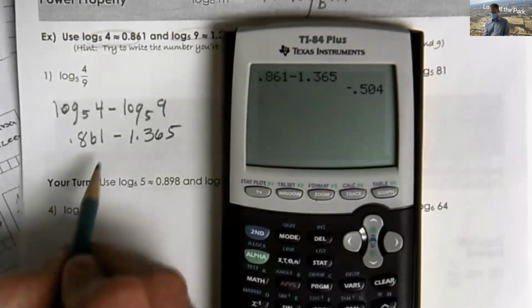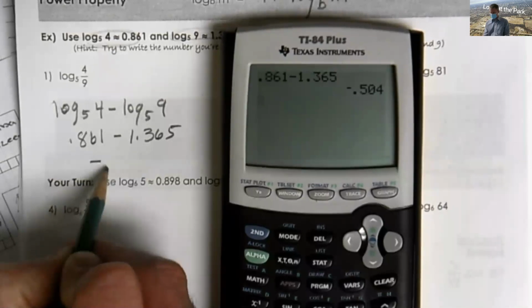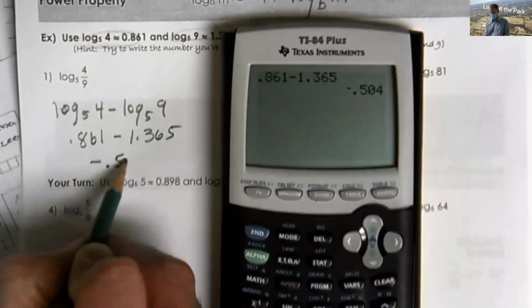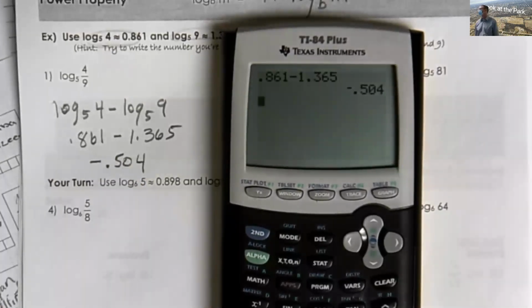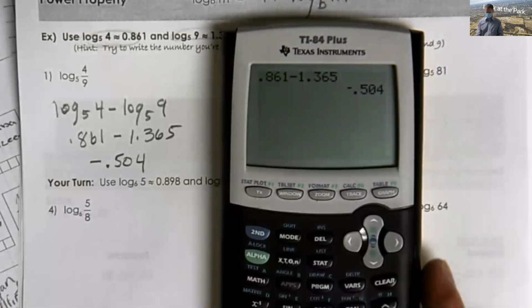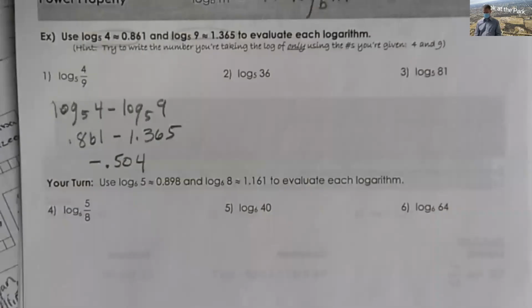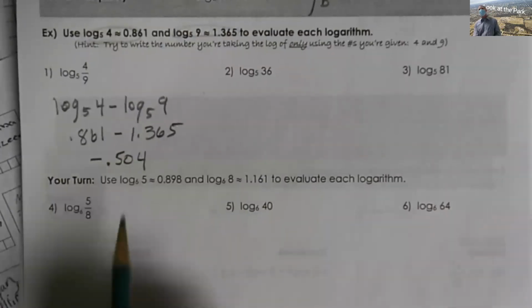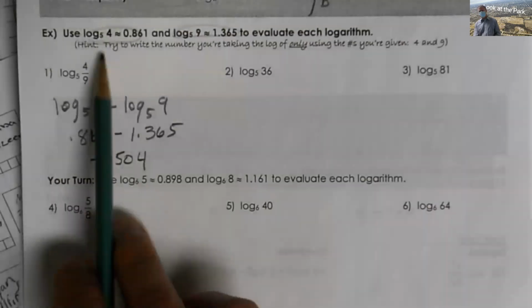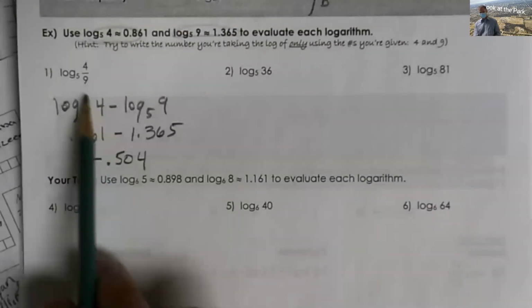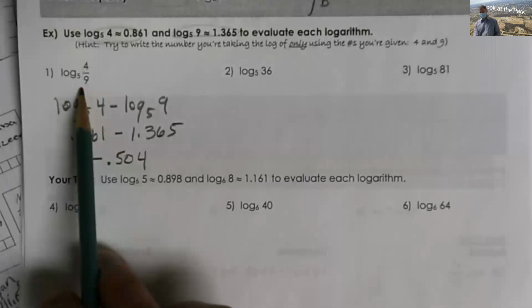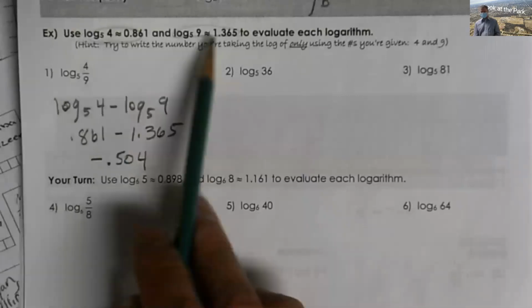We're not using it to calculate logarithms of numbers. So in this case, it was pretty clear. We had a 4 and a 9. The numbers given to us were 4 and 9.